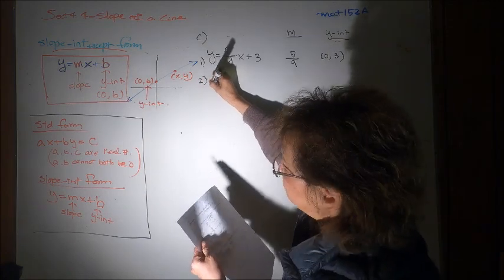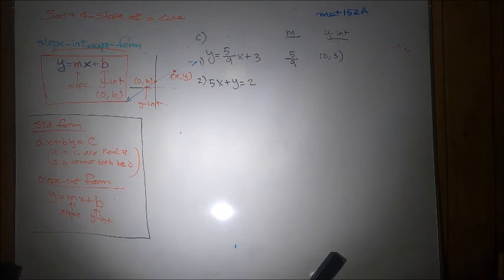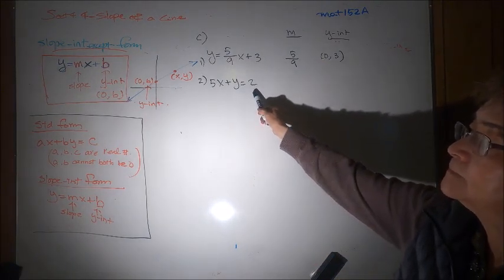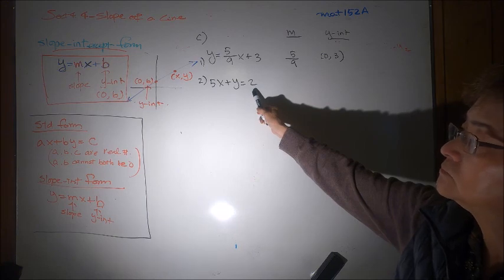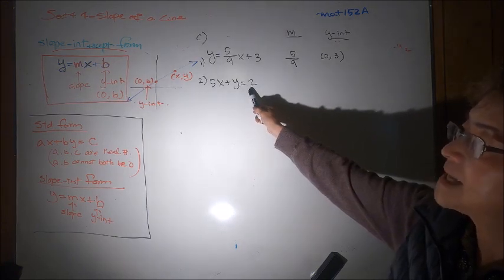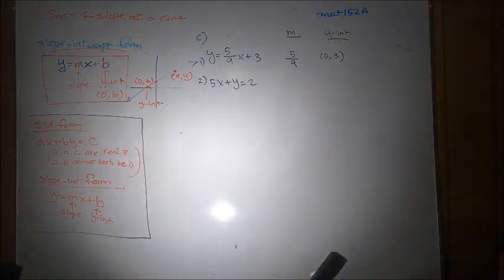Then that will be the first one. Second one, if you have 5x plus y equals 2. Do we have a linear equation? What kind of form is that? It's standard form.